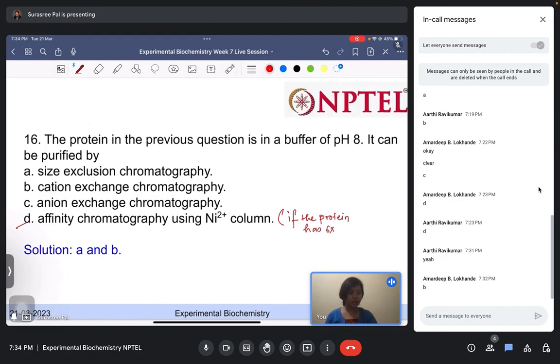If the protein does not have any tag, if the protein is untagged, then affinity chromatography cannot be used. But if the protein has a tag, then affinity chromatography can be used. If you use a buffer system where the protein is either positively or negatively charged, then we can use ion exchange chromatography. And to separate the protein from proteins of different molecular weight, we can also use size exclusion chromatography.